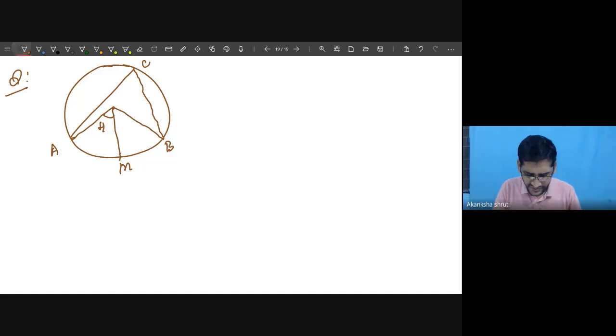Let us take this as 45 degree. And this one as 50 degree. Or let us take this as 55 degree. It is like this. Then it is asked, what is this angle X? X equals what? Or angle C is equal to what? How can we get this?